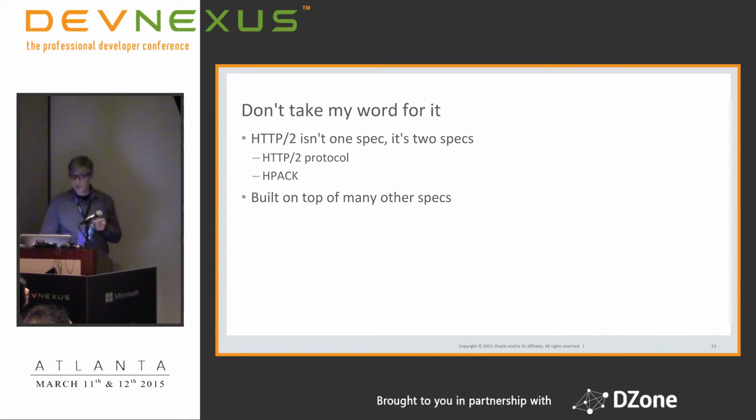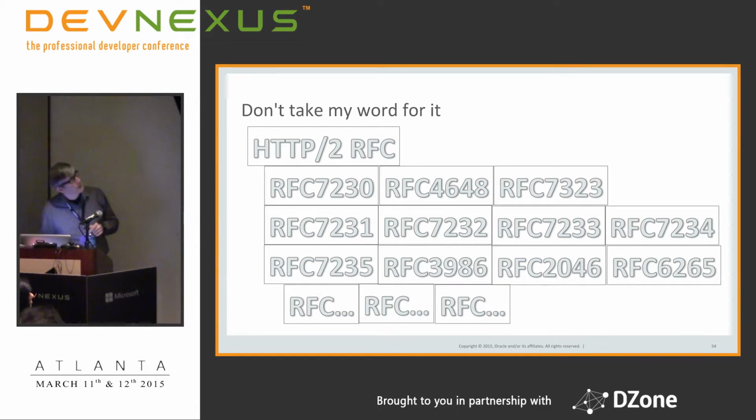HTTP2 isn't one spec. It's really two specs built on top of many other specs, right? So you've got the HTTP2 RFC. Now, it's been delivered to the RFC editor. We're waiting for them to give it a number. I don't know what number it'll be. But it references RFC 7230, which is the HTTP 1.1 messaging, RFC 4648, base 64 encoding, RFC 7323, range requests, 7231, HTTP 1.1 semantics and content, and so on and so on.